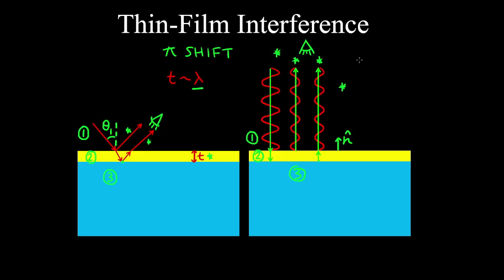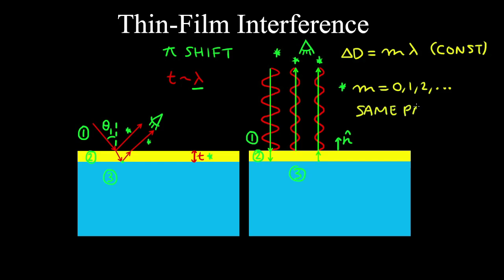So recall for waves in the same phase, the path difference between them is an integer m multiplied by the wavelength of light, where m is an integer, so being 0, 1, 2 and so on. So this relationship is for constructive interference. So in this case, we refer to two waves being in the same phase, like in a double slit experiment.